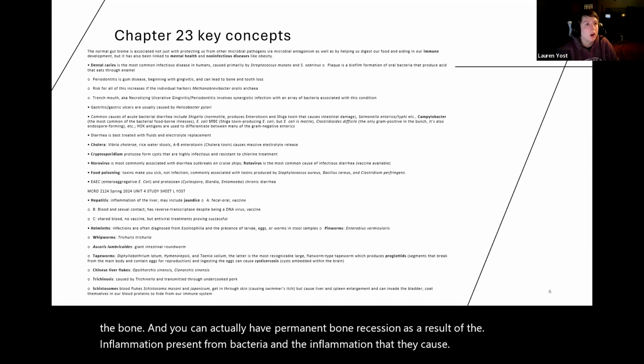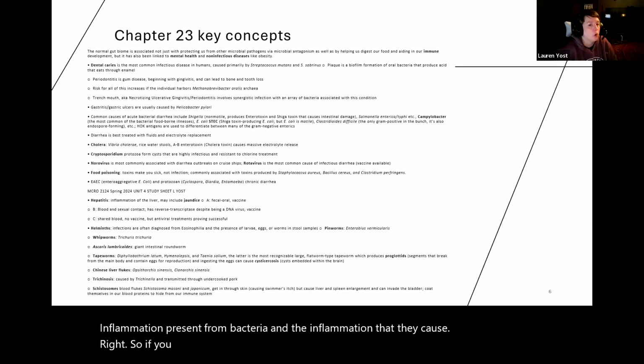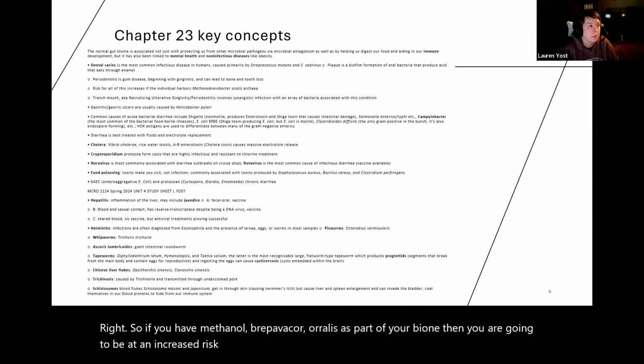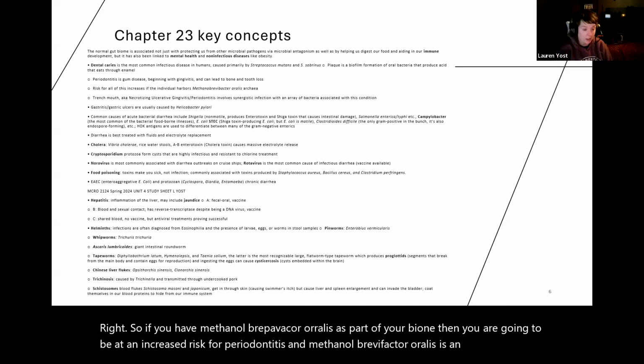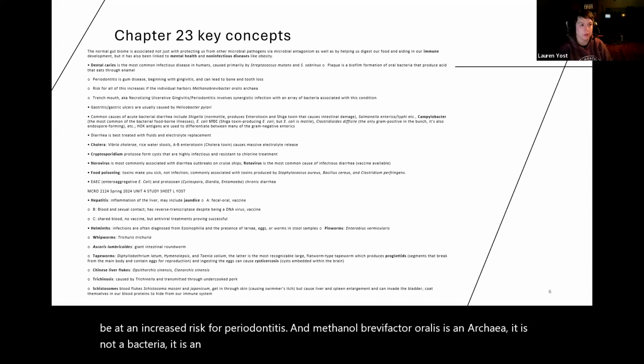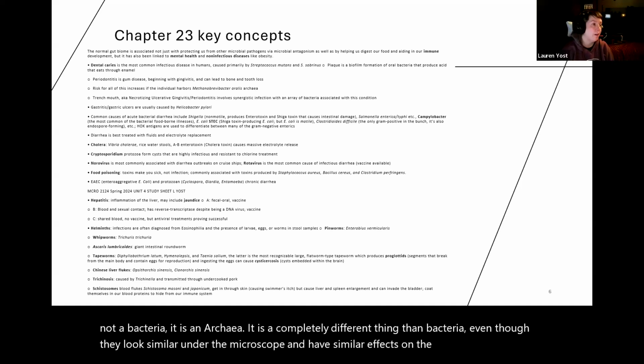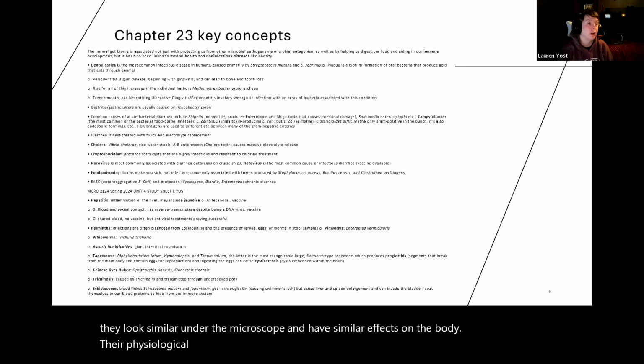Right, so if you have Methanobrevibacter oralis as part of your biome, then you are going to be at an increased risk for periodontitis. And Methanobrevibacter oralis is an archaea. It is not a bacteria, it is an archaea. It is a completely different thing than bacteria, even though they look similar under the microscope and have similar effects on the body. At the physiological level, completely different makeup, and just different structure.